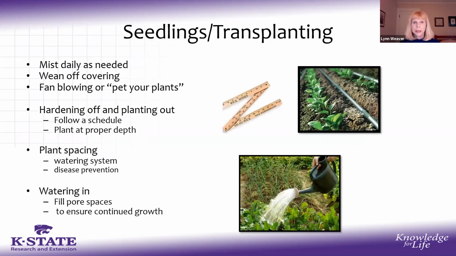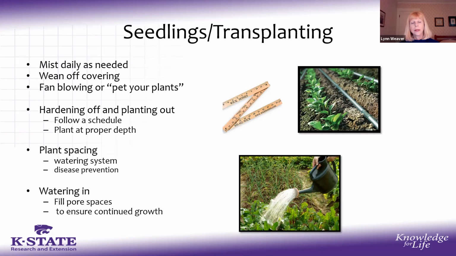How to take care of your seedlings. You're going to mist them daily if needed. Once they're up an inch and a half, you want to wean them off of their cover. They've been growing in that protected environment, steady humidity, steady temperatures, but now they're a little bigger.